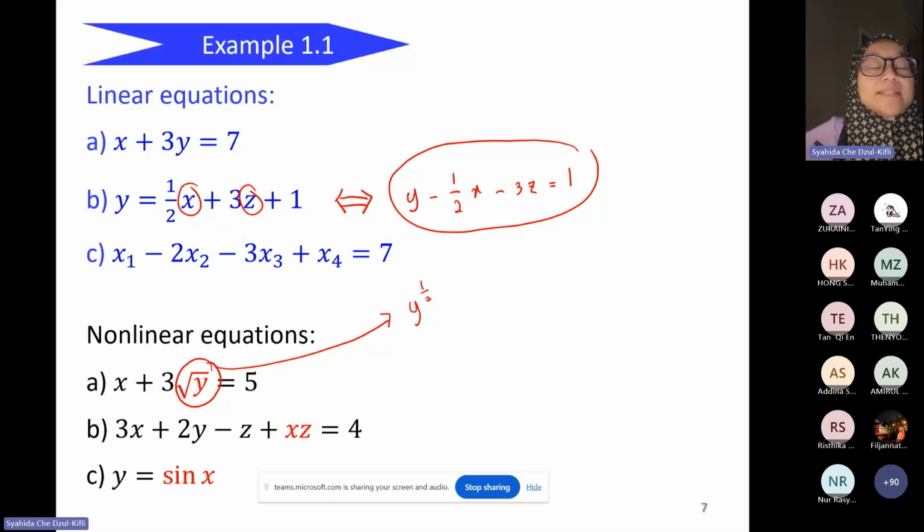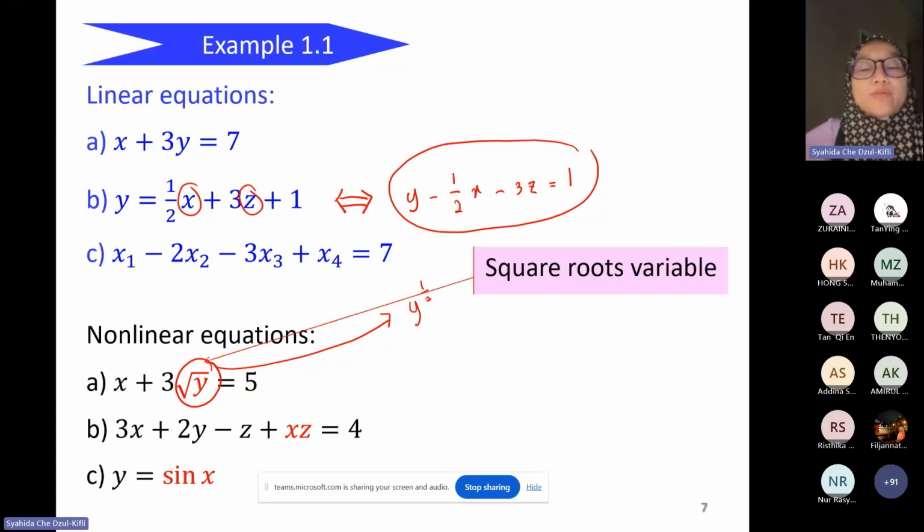But in the general form of linear equations, every variable must have 1 as its power. So A is not a linear equation because the variable y has half power, a square root variable.